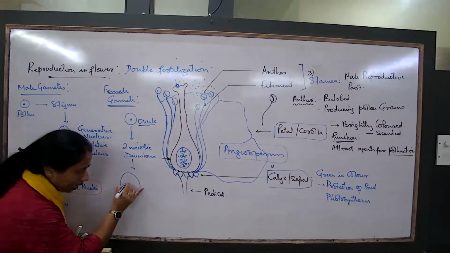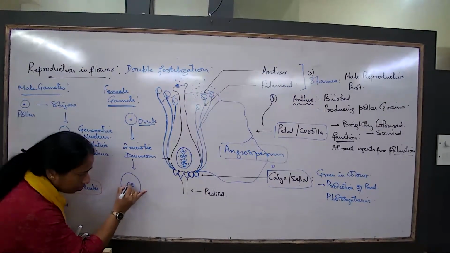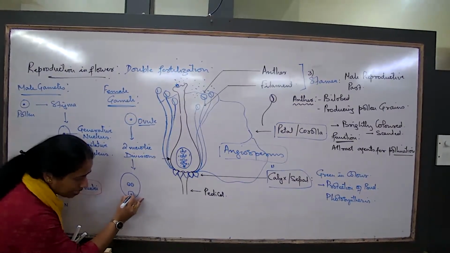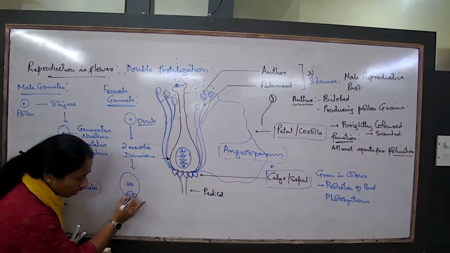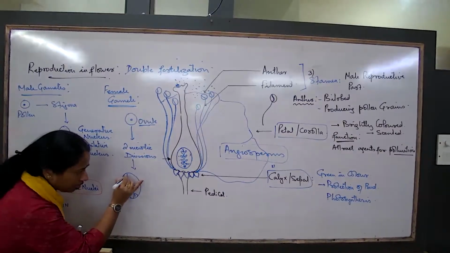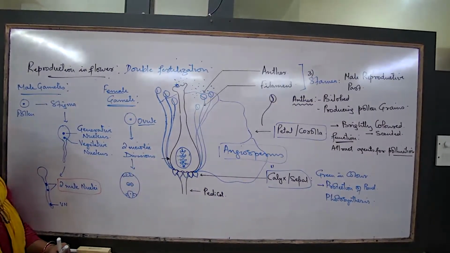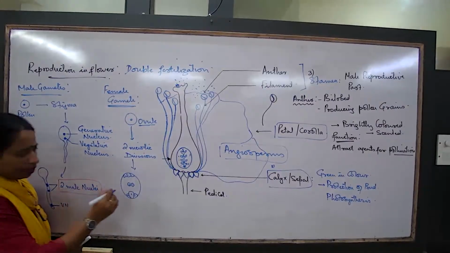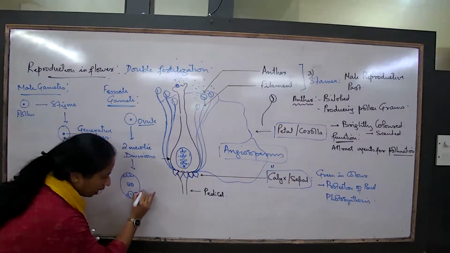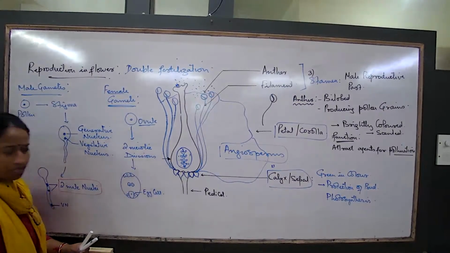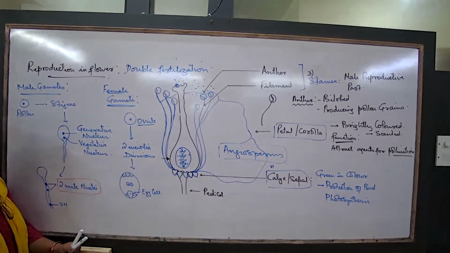Which are those 8 gametes? Two in the center, one big gamete at the base, two more at the lateral sides of it, and three more at the upper ends. What are these gametes known as? The most important gamete in the center is known as the egg cell.